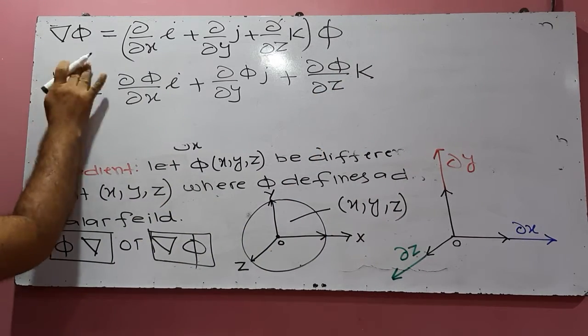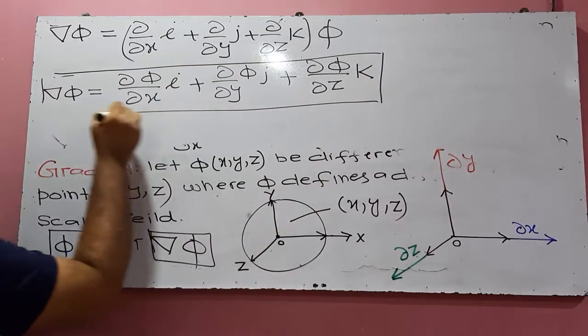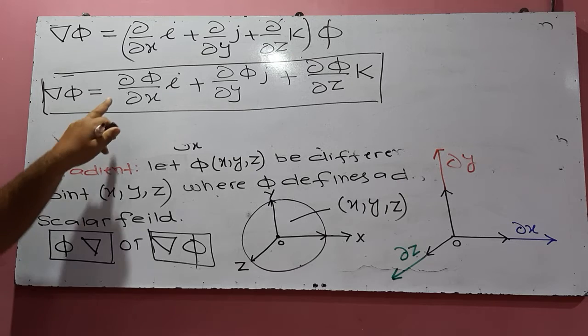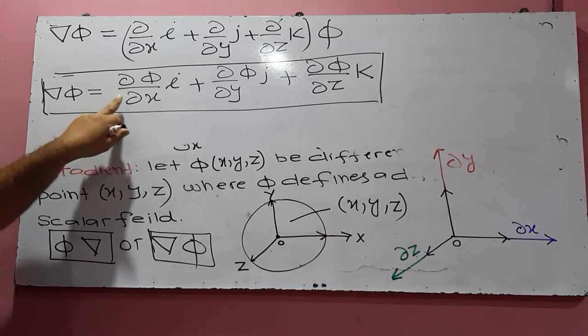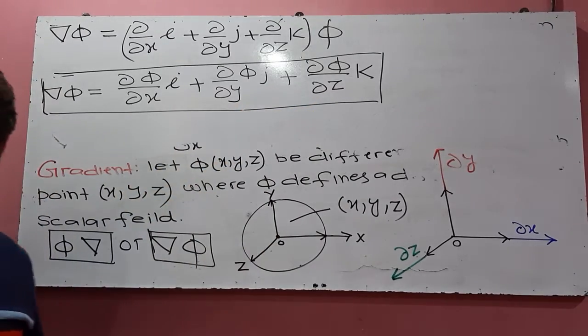So this is called the gradient of the scalar field. This is a partial differentiation along the x-axis, along the y-axis, and along the z-axis.